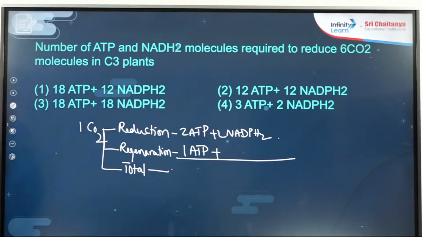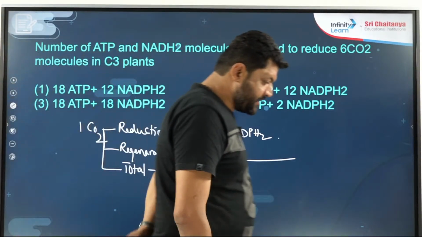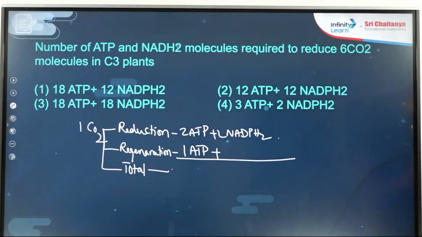So in dark reaction, we have 3 steps: carboxylation, reduction and regeneration.